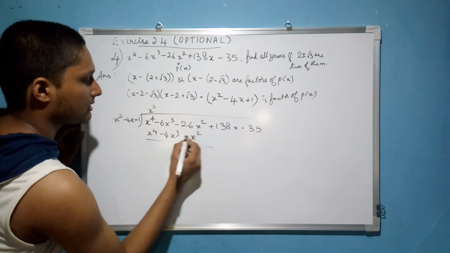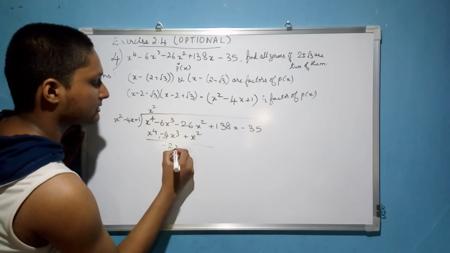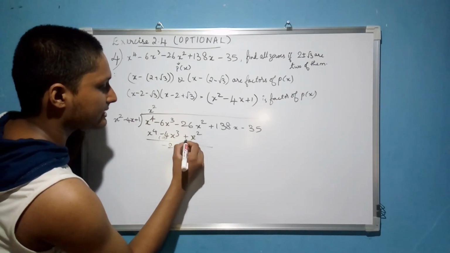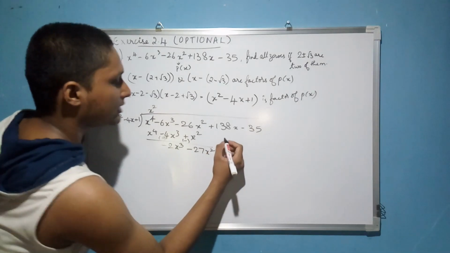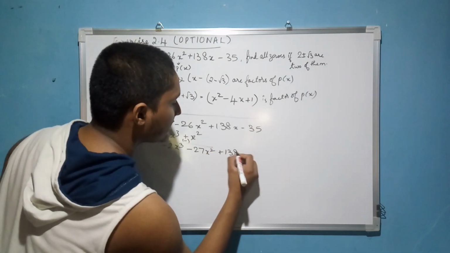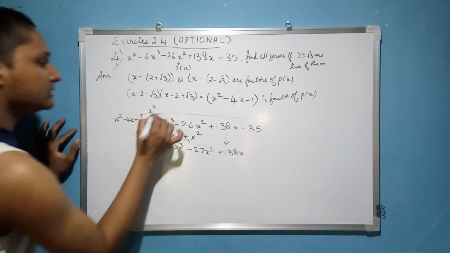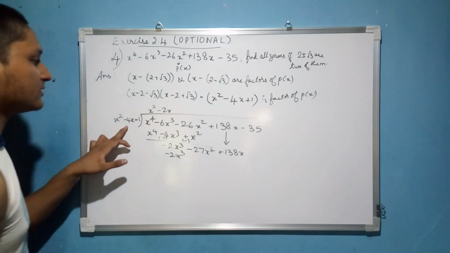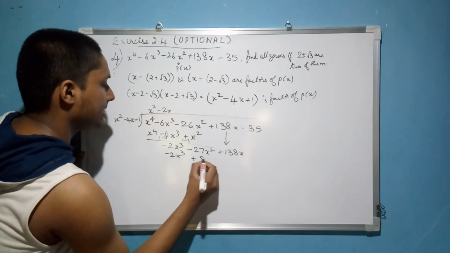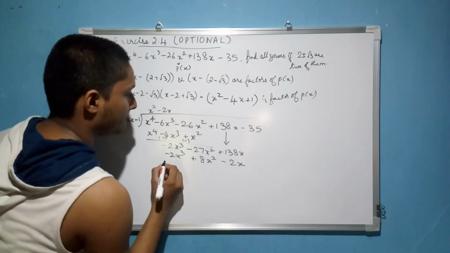Changing the sign, this becomes minus 6 plus 4, that is minus 2x cube. Then you have minus 26 minus 1, that is minus 27x square. Then you have 138x that you are bringing down. So the next term will be minus 2x. So this is minus 2x cube minus 4x into minus 2x, this becomes 8x square, and you have 1 into minus 2x.